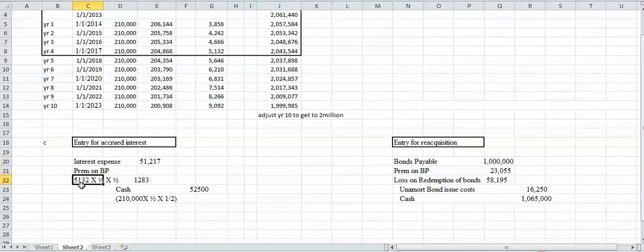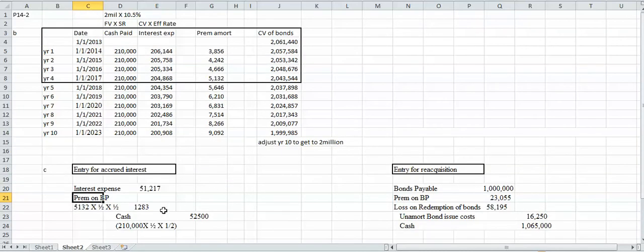Figure out what the premium is, the premium that you're going to amortize on the bond. So we want to amortize halfway between 2016 and 2017, so July 1, 16 is when they're going to buy these bonds back. So half of this amortization needs to be factored in.